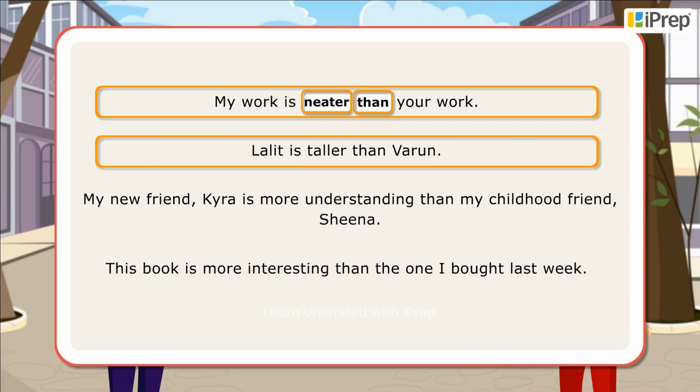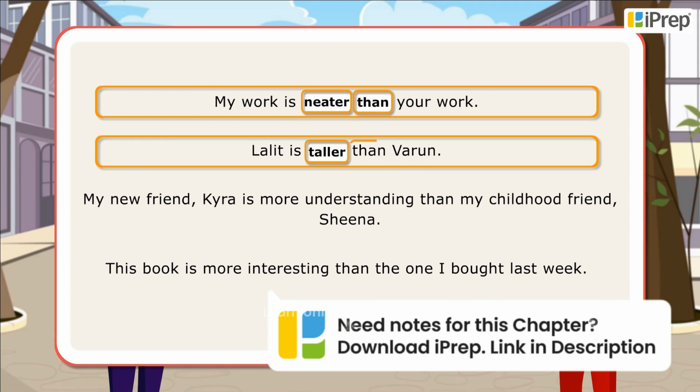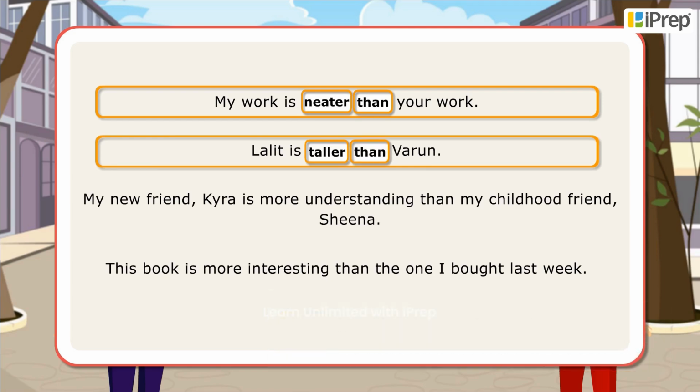In the second sentence, taller is the comparative form and than has been used after it since than is used after comparatives. The comparative form has been made by adding er to the single syllable word tall, since we use er for short words, that is one-syllable words.